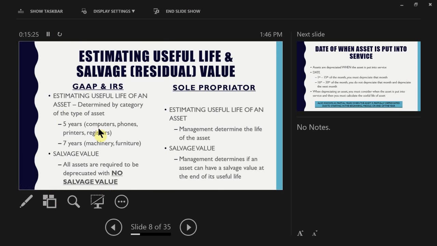Okay, and I'll go ahead and talk about salvage value. So what salvage value is, at the end of its useful life, it still retains some kind of value to the asset. As in, for example, I bought my iPhone 8, right?